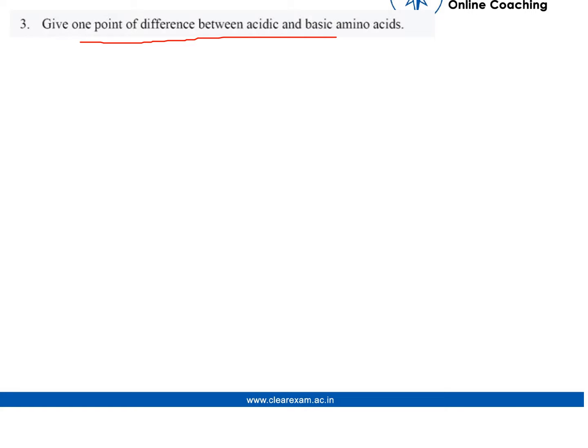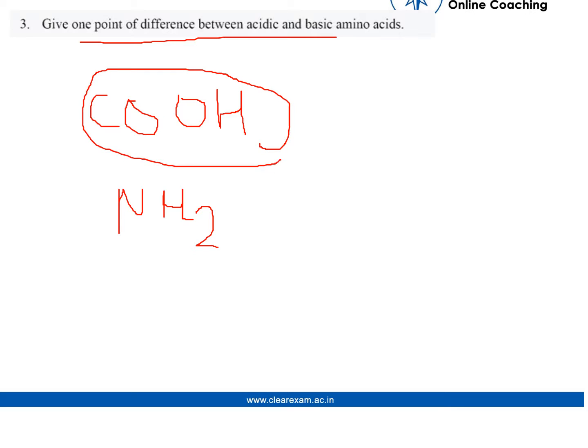That is COOH group and NH2 group. Okay, acidic amino acids bear a negative charge because of the extra carboxyl group.